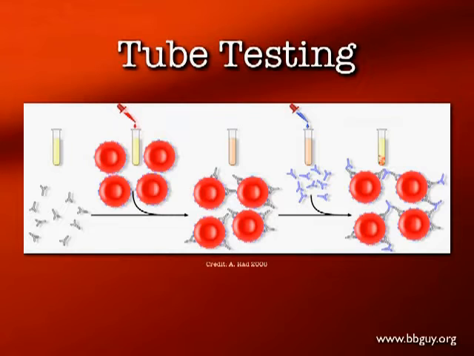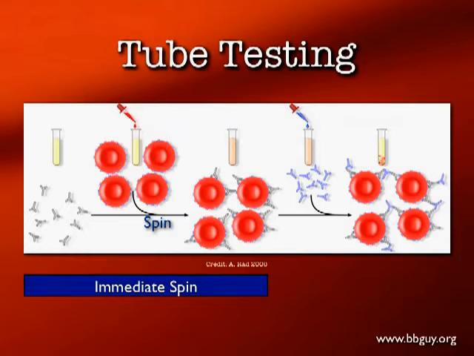So when we're trying to do our test, this is what we use. We mix those two together, spin them, and you look for direct agglutination. That is the so-called immediate spin phase. Okay, great. Once you get to that point, you need to do an incubation, add your potentiator, which can be low ionic strength saline that we talked about before, and a couple others that we'll talk about in just a second.